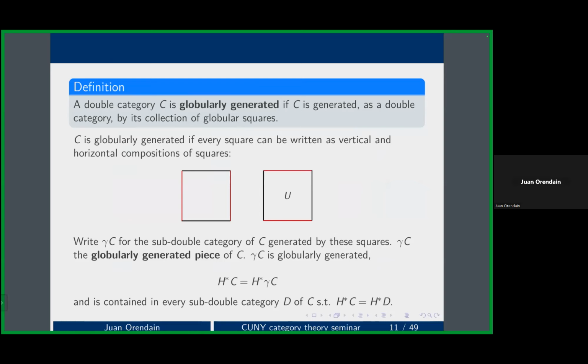So, well, not every double category is globularly generated, but every double category contains a globularly generated double category canonically.